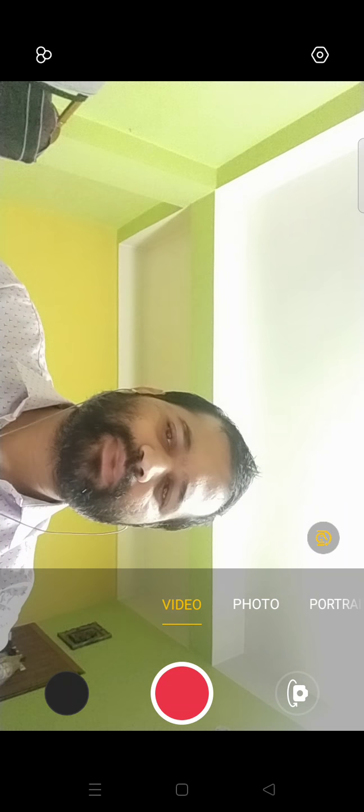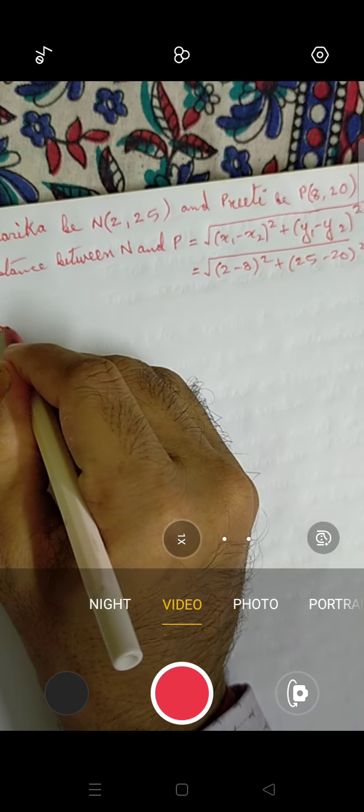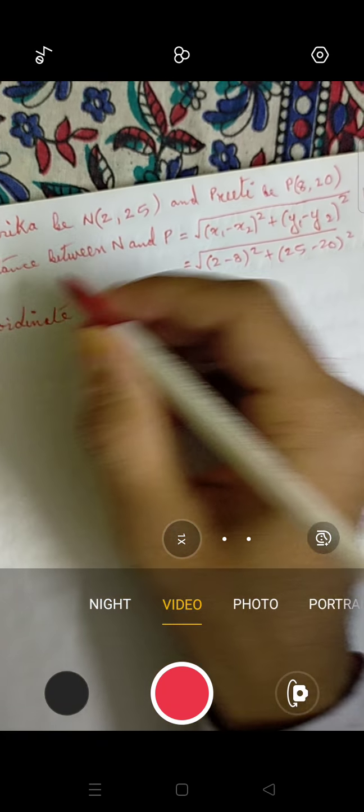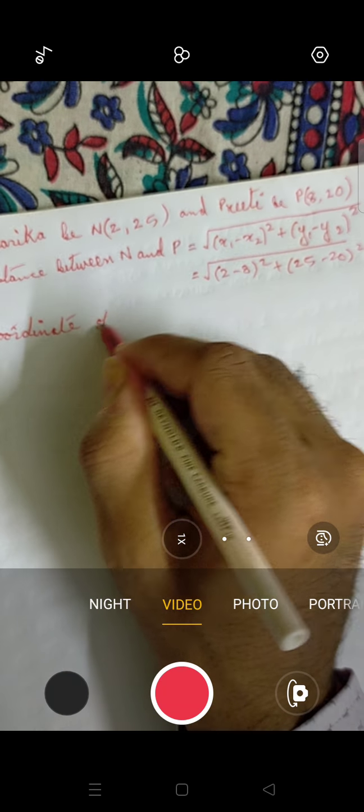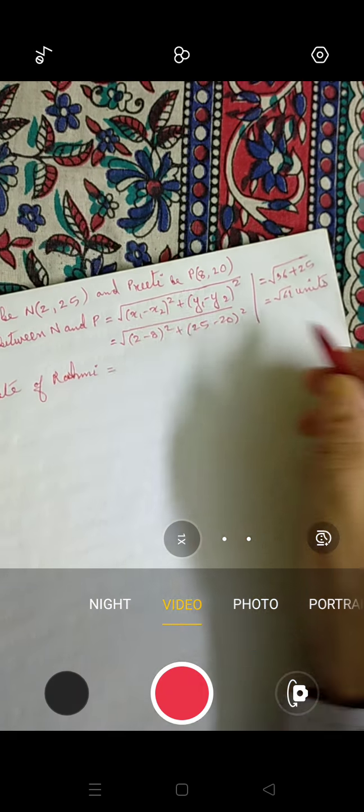So we'll say the coordinate of Rashmi equals to.